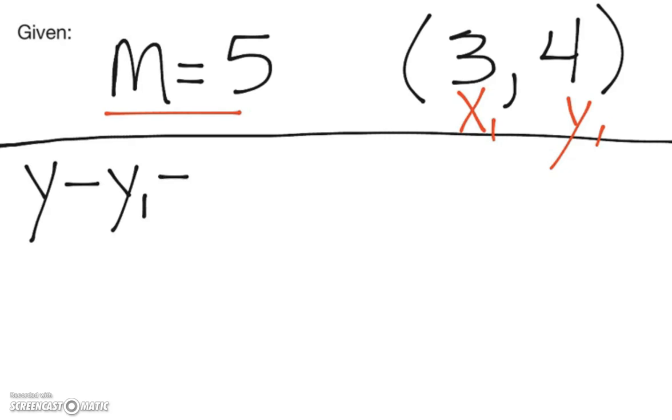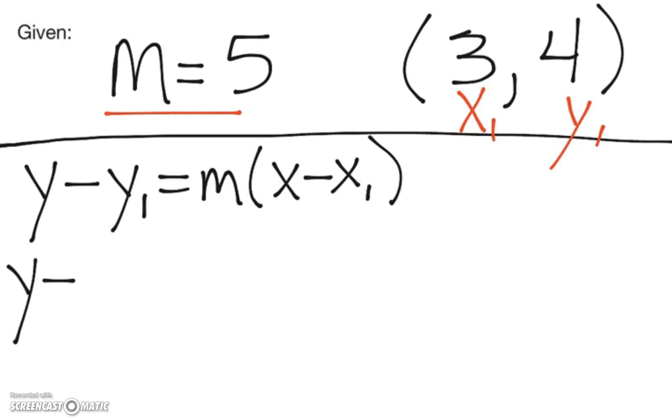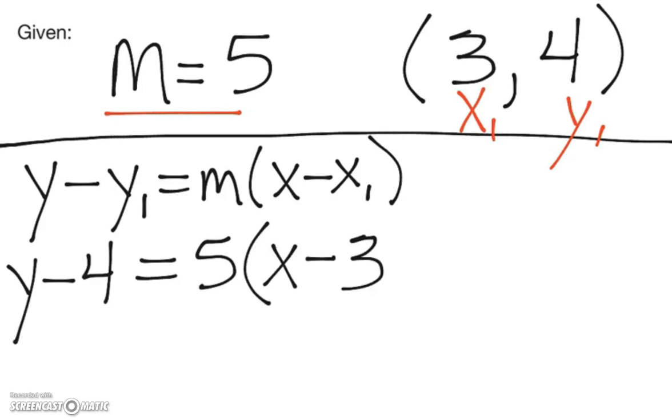If you recall, our formula is y minus y1 is equal to m times x minus x1. Let's plug our numbers in. We have y minus 4 is equal to 5 times x minus 3. Notice this 4 came from here, this 5 came from here, and this 3 came from here.